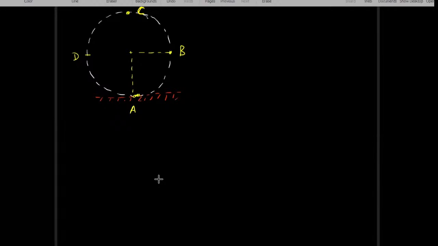Now what I'm going to say, look at this very carefully. Suppose it comes to a point X. Suppose this is point X, right? So at this point X, try to understand. This is the direction of mg, right?